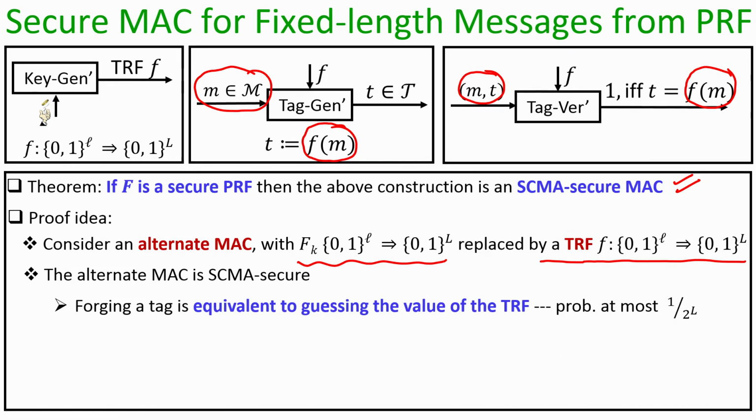And the probability with which it can guess the value of the truly random function on a message m for which it has not seen the output is at most 1 over 2 to the power l, because little f is a truly random function. So, that is a simple argument based on which you can state that the truly random function based MAC is definitely strong CMA secure.